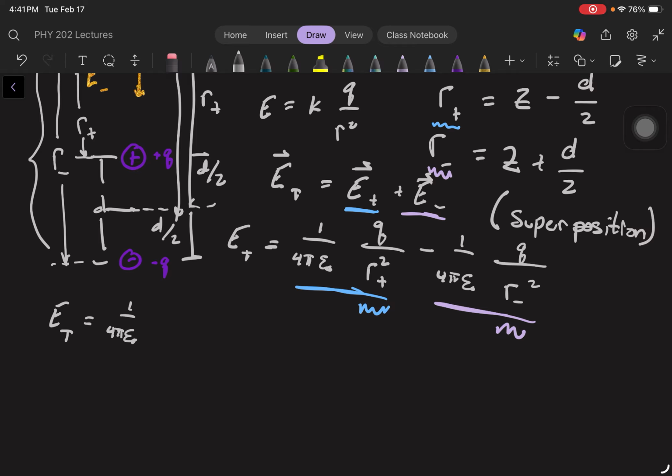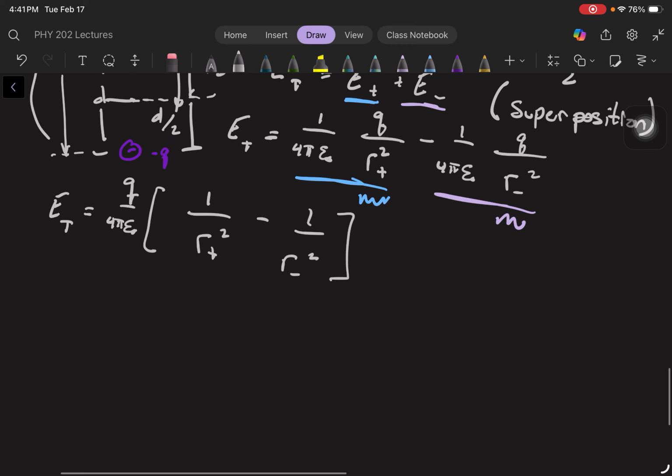Well, we have a 1 over 4 pi epsilon naught everywhere, so I'm just going to factor that out. And then we also have a Q everywhere. So I guess we'll write it like this just so we can see the factorization real quick. And then we'll go ahead.